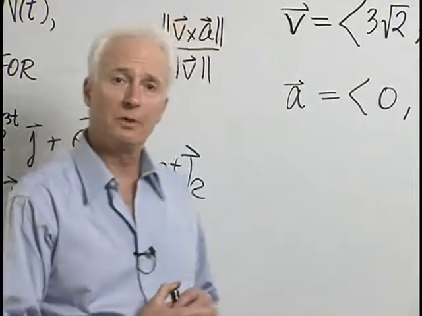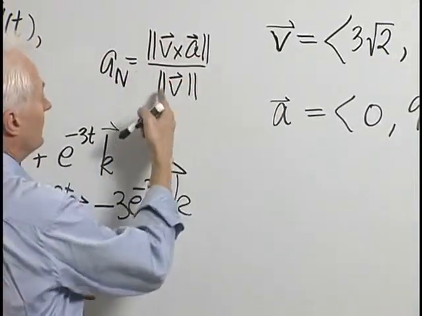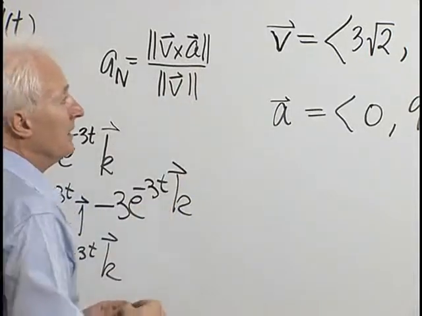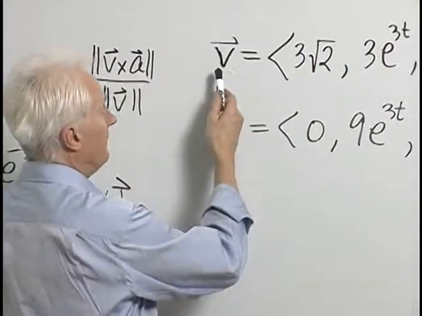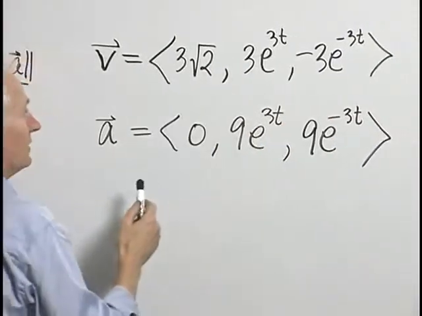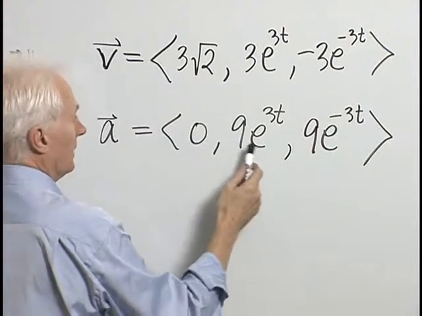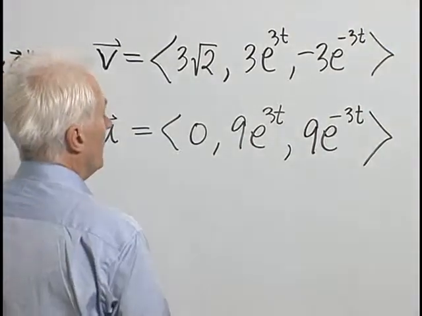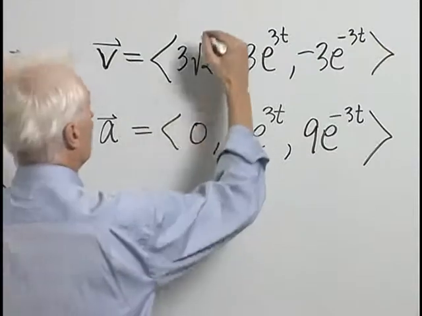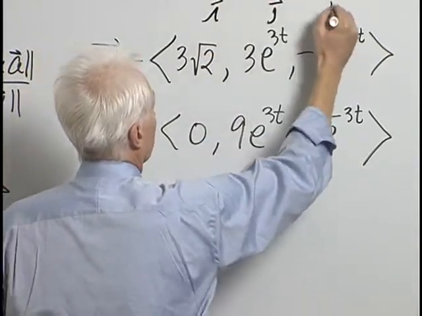Of course, we have a simple formula for that. The normal component is the length of v cross a divided by the length of v. So what I've done here is I've written the vector v in component form with the angle brackets, suppressing the i, j, and k to save space, and likewise for the acceleration vector. And so remember, to form the cross product, the simplest way is to use the determinant method.